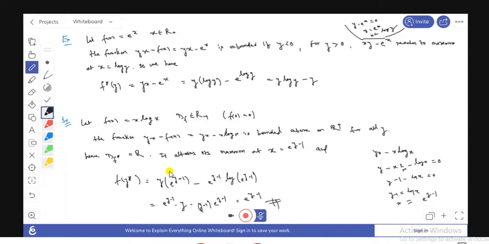Okay, so on the next page we define what the double conjugate is.